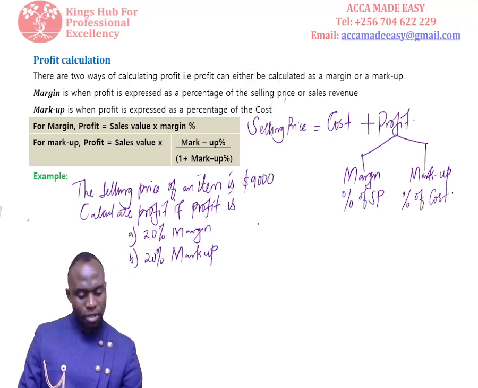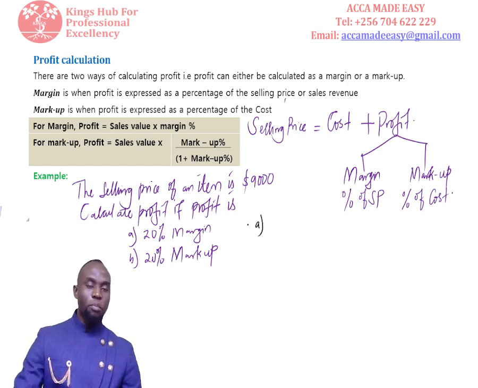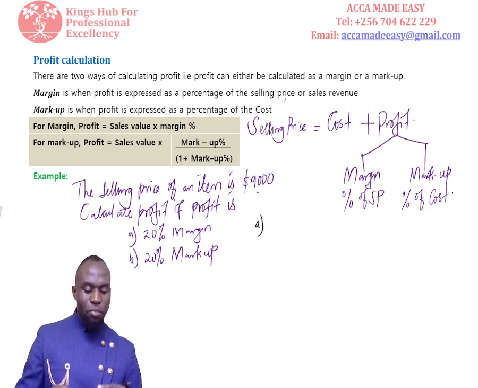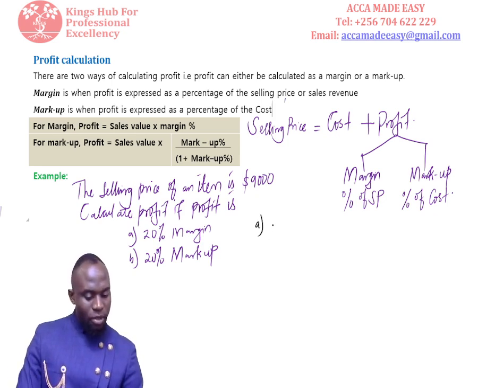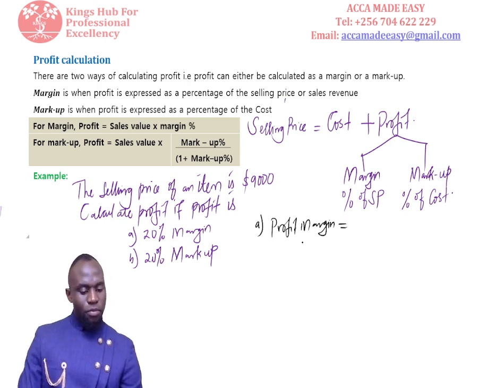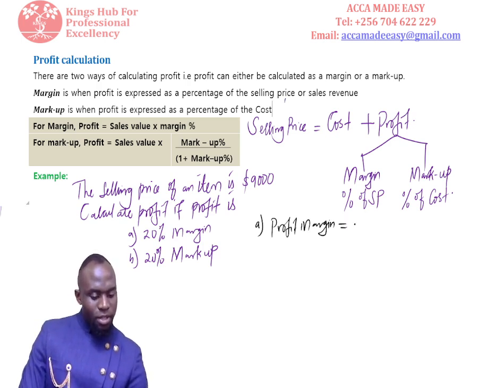Now we start with part A. We've said for margin, profit is a percentage of the selling price, and they have given us the selling price, which is 9,000. So how much is the profit? For part A, let me call it profit margin. It is calculated as the selling price or sales value times the percentage of the margin.